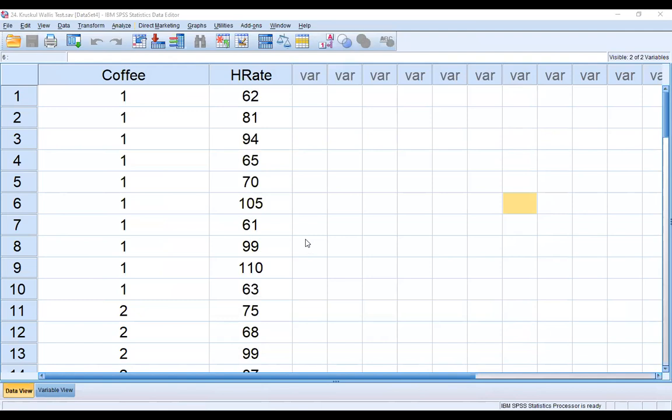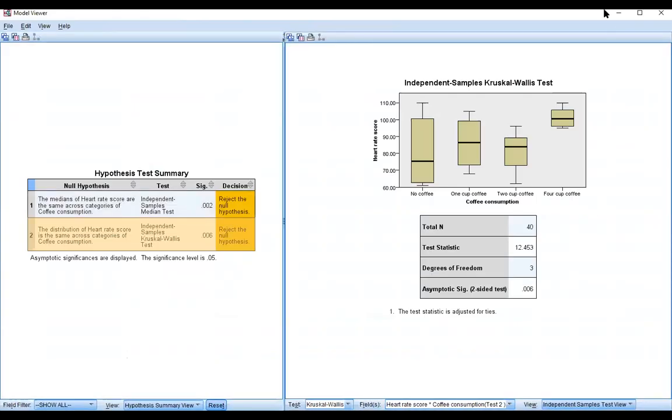I am showing you the result of the Kruskal-Wallis test. Can you see the output? Okay, thank you.